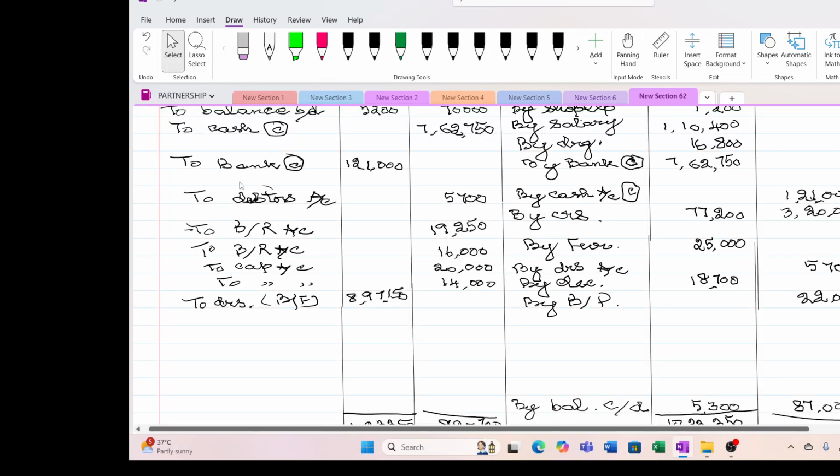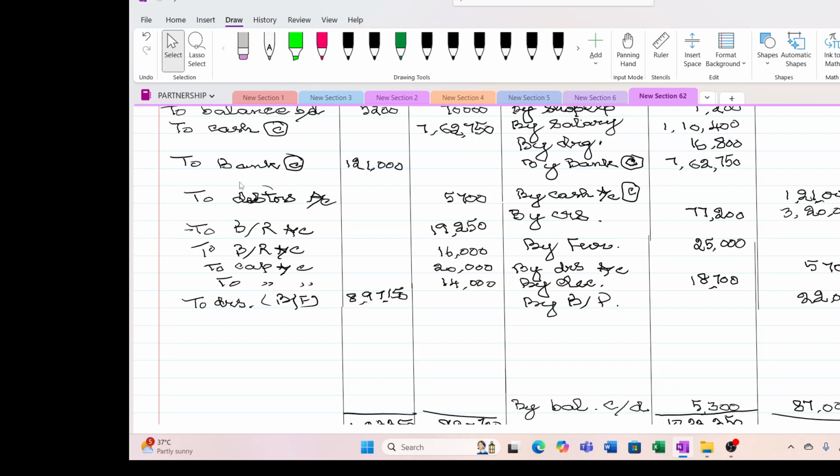So now we have got 4,41,000 minus 5,700 minus 22,000 minus 37,000 is equal to 3,72,000. The balancing figure comes as 3,72,000. This is for the building.